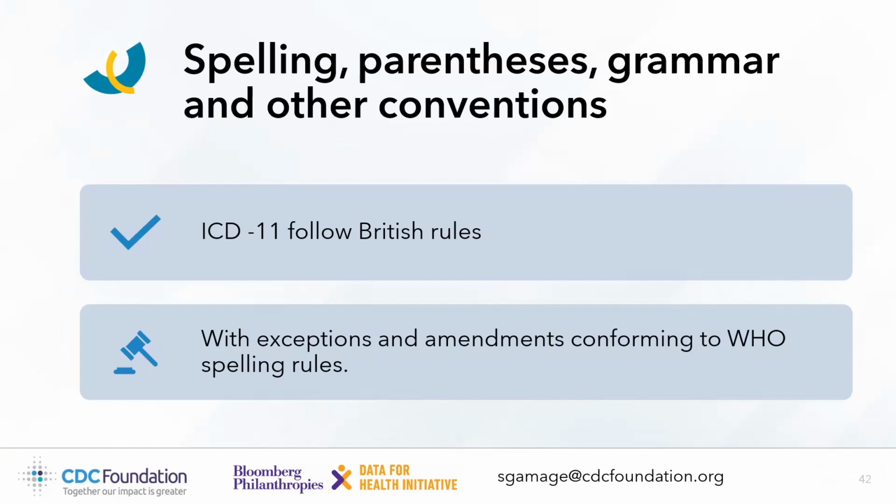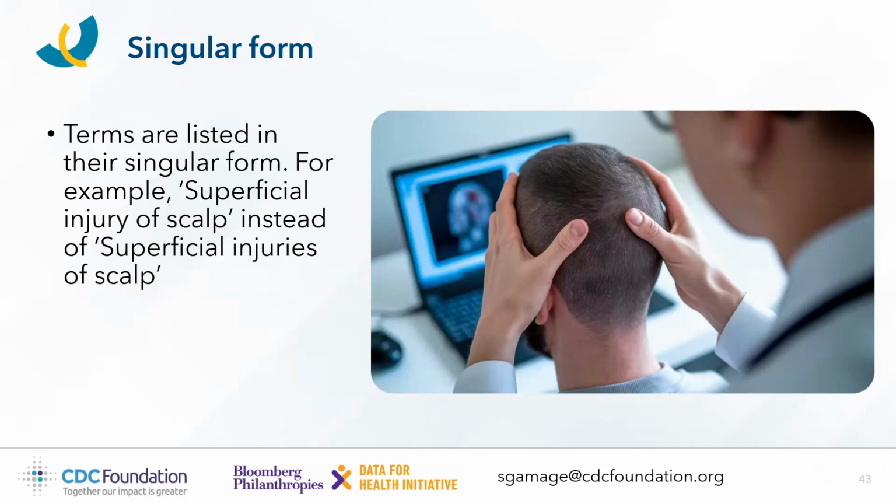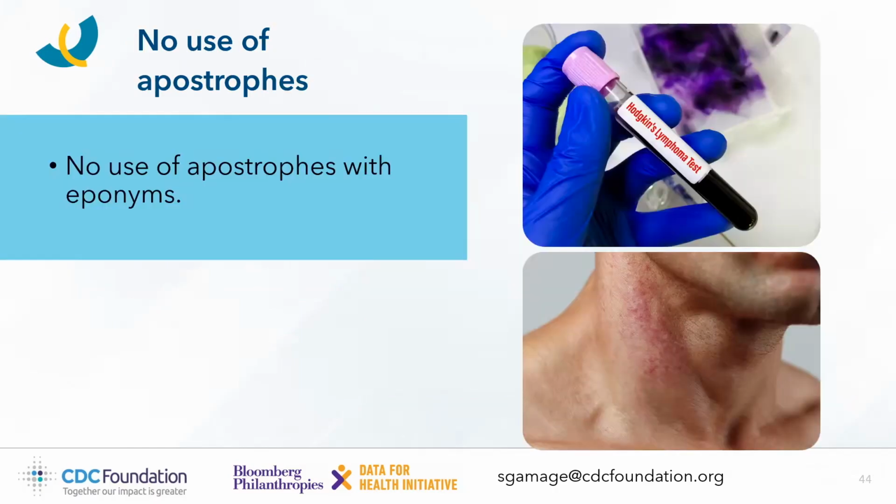Then some other conventions: spelling, parentheses, grammar, and other conventions. ICD-11 follows British rules, with exceptions and amendments conforming to WHO spelling rules. Singular form: terms are listed in their singular form. For example, superficial injury of scalp instead of superficial injuries of scalp. And there is no use of apostrophes with eponyms.